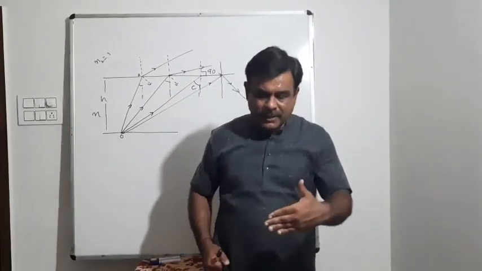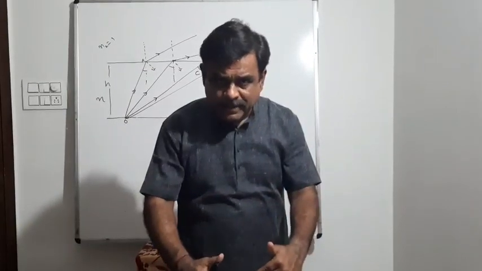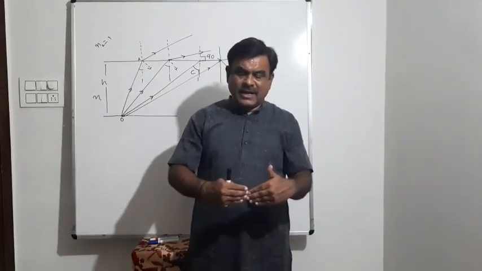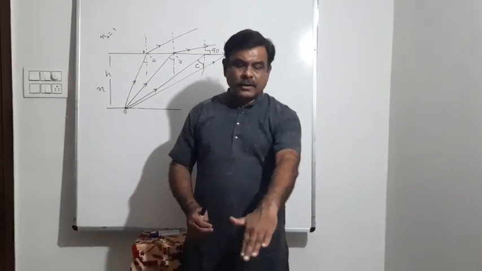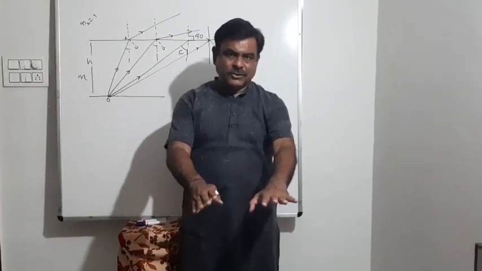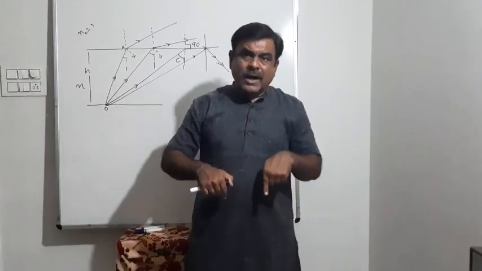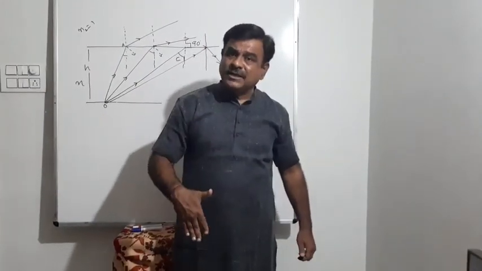See, look at me properly. I am looking at the bottom of a water tank. I can see the bottom. Now when I go back and back and back, at one particular point what will happen? I will be able to see only the surface of water. If I go back further, I will be able to see only the surface of water. But if I step forward, I will be able to see the bottom. So how can I explain my position?